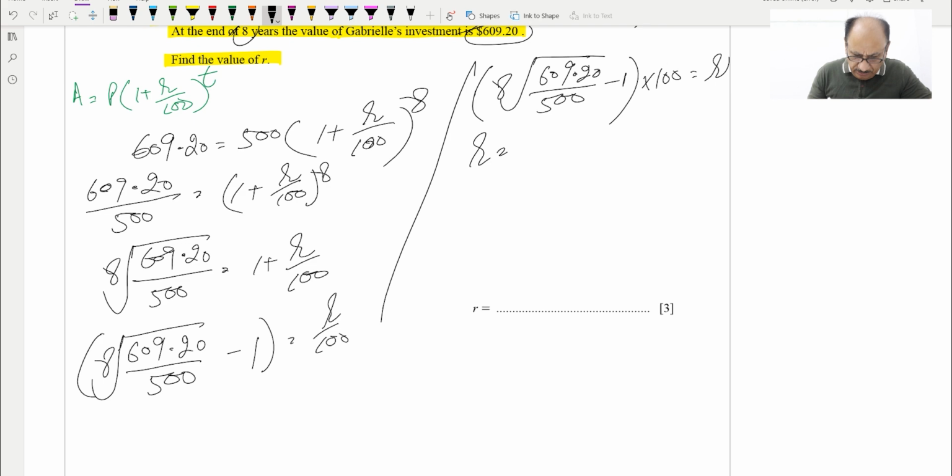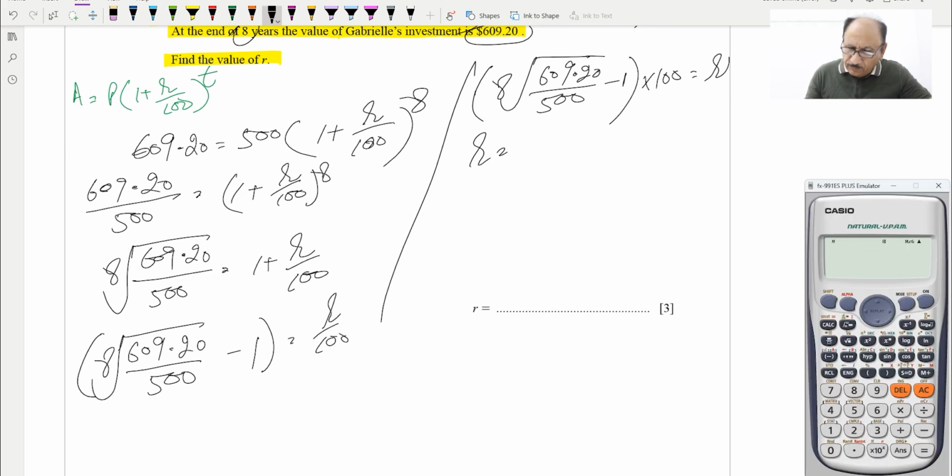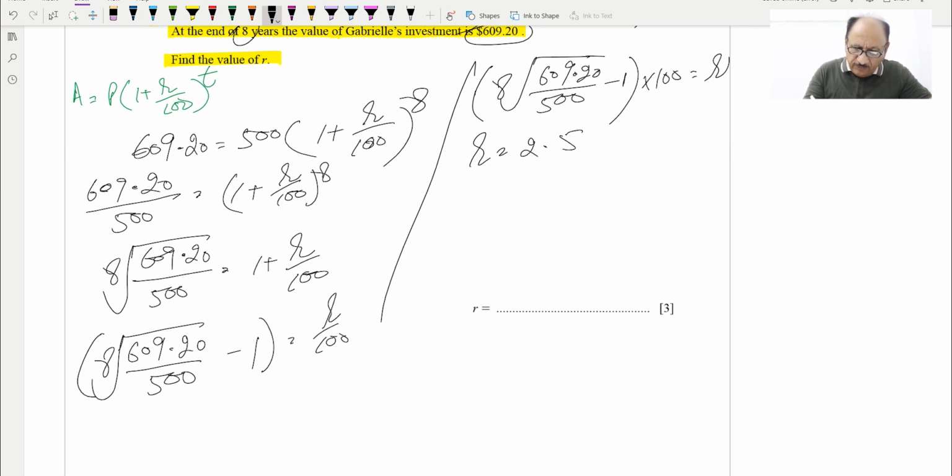We can use a calculator for this: bracket, 8th root, fraction, 609.20 over 500, minus 1, close the bracket and multiply by 100. This is equal to 2.499, or we can write 2.5%. So 2.5 will be our R value, which is for 3 marks.